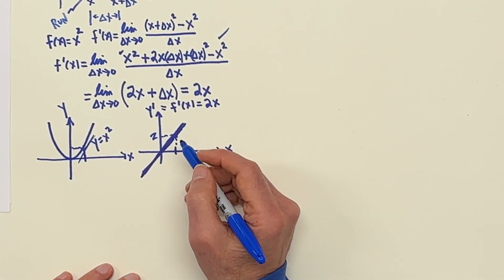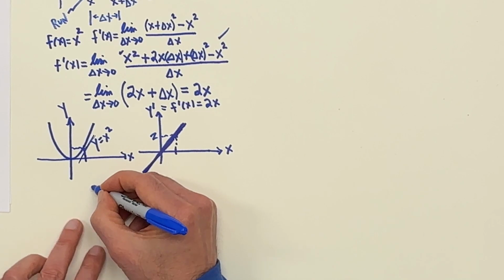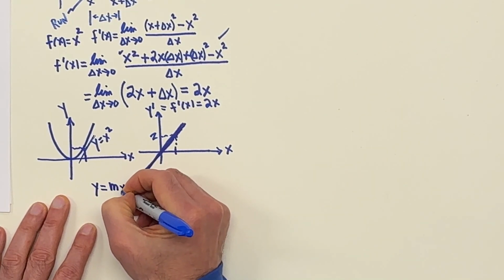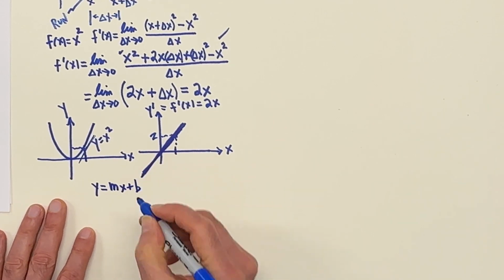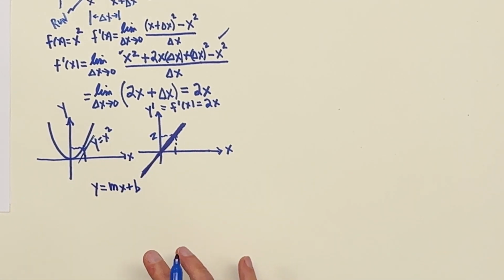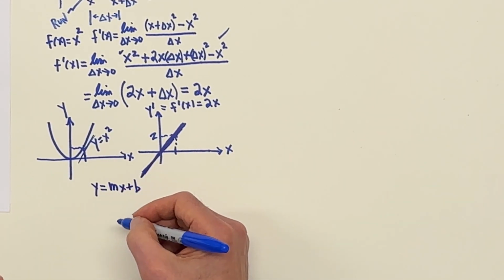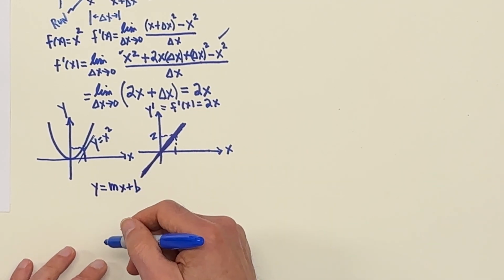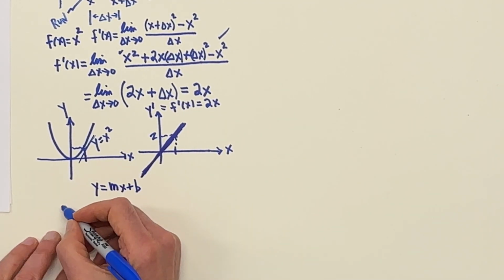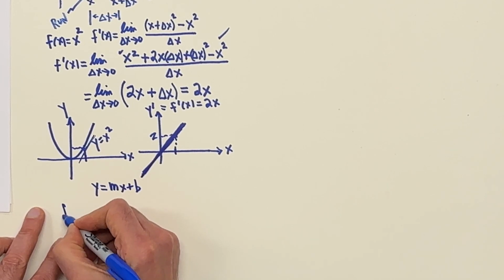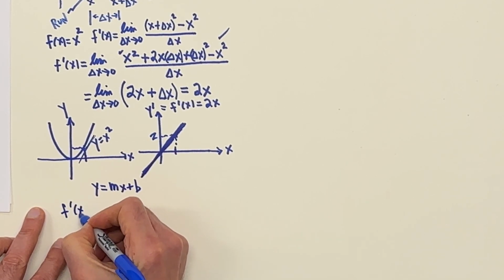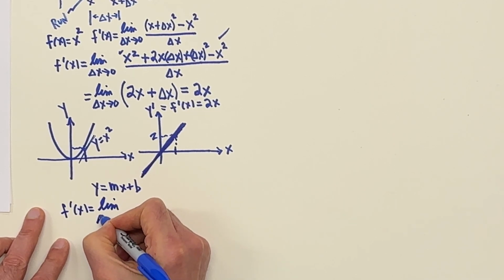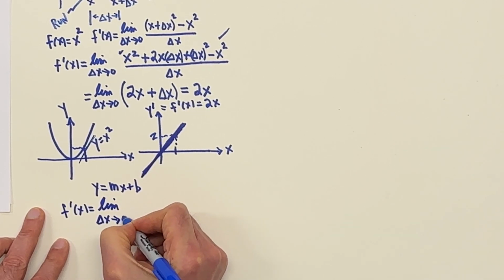What I would like to do next is check out something we already know. We know that a straight line, y equals mx plus b, has a constant slope. And the slope is, we know what the answer is, the slope is m. Well, would our master formula work for this? Let's try it. So f prime, we would want to go with the limit as delta x goes to 0.